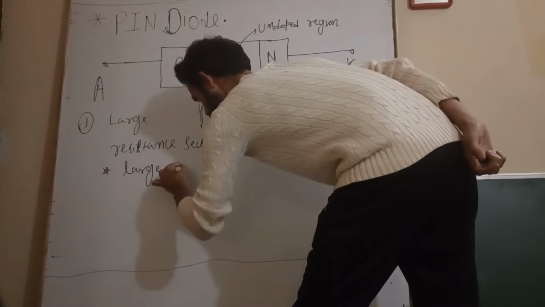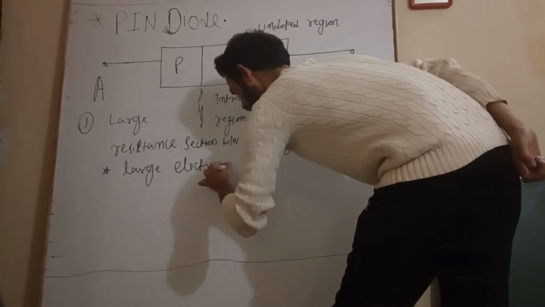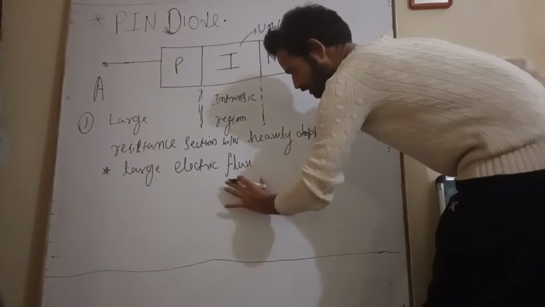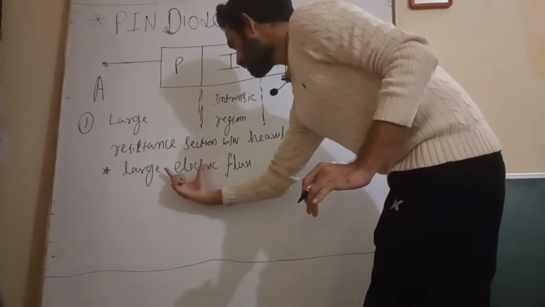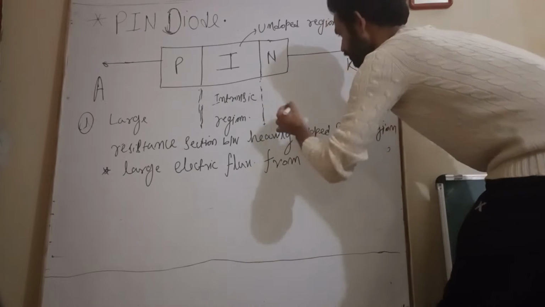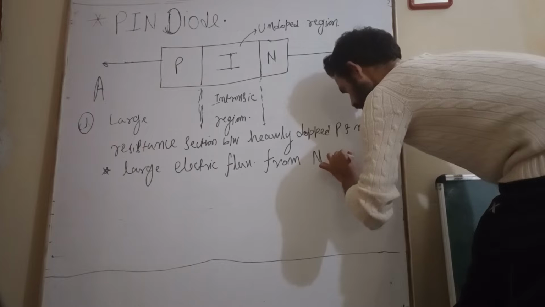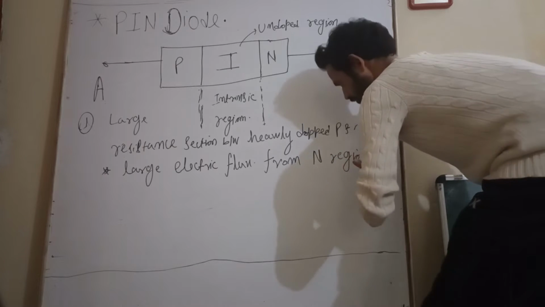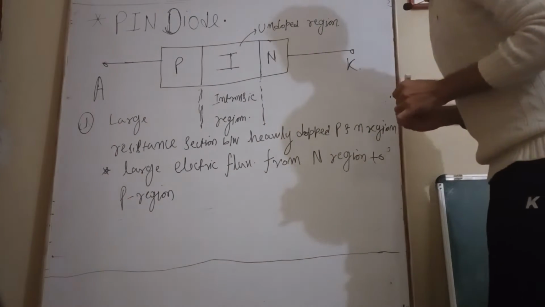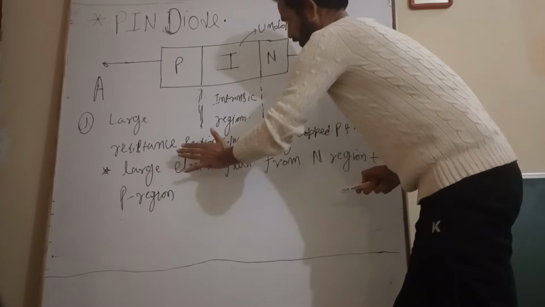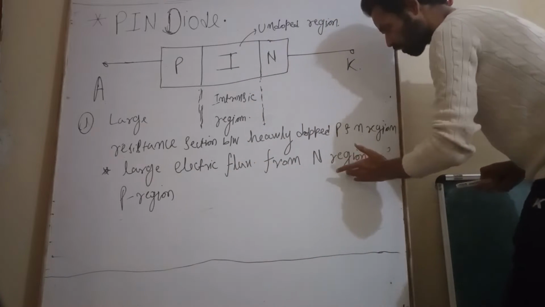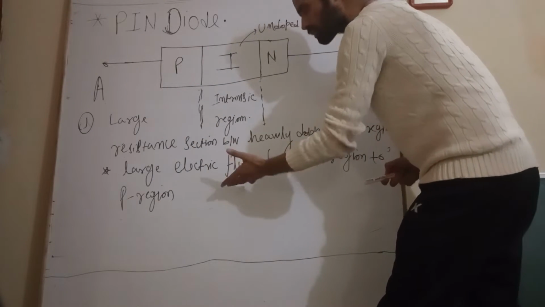So there is the establishment of a large electric field or large electric flux from the N region to the P region. This electric flux means field lines.